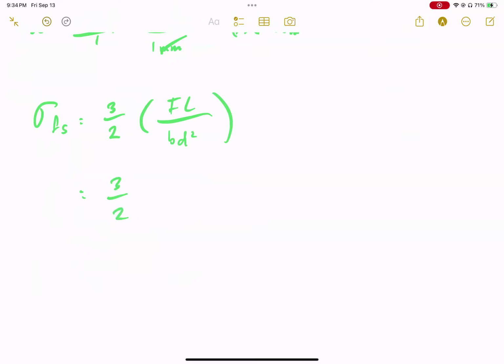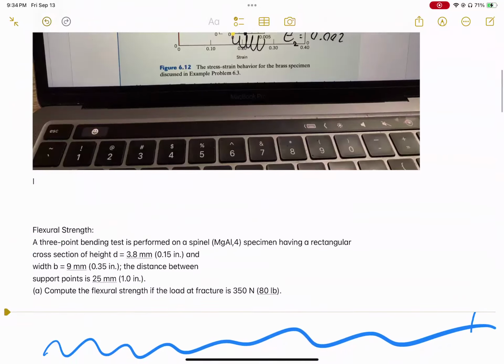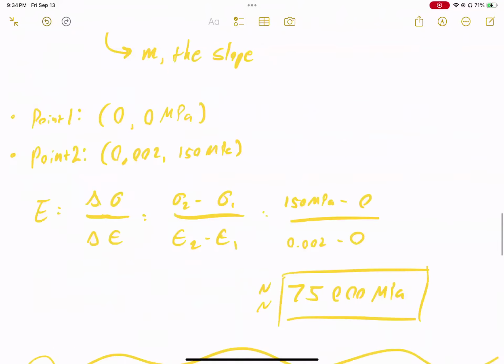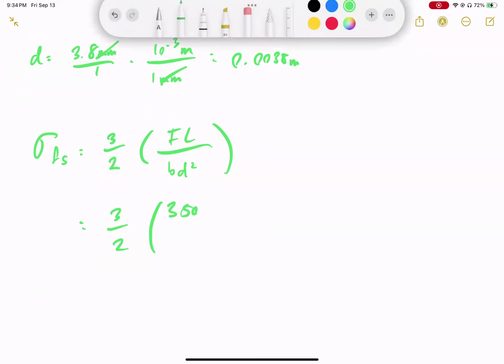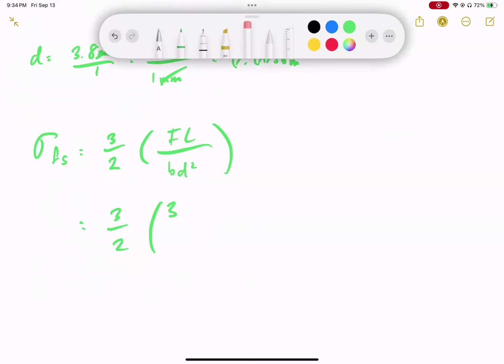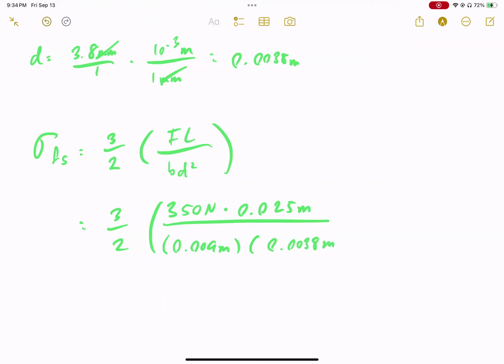So 3/2, was it the load, the force at fracture was 350 newtons. 350 newtons multiplied by L, which is going to be 0.025 meters, divided by 0.009 meters, divided by 0.0038 meters squared.